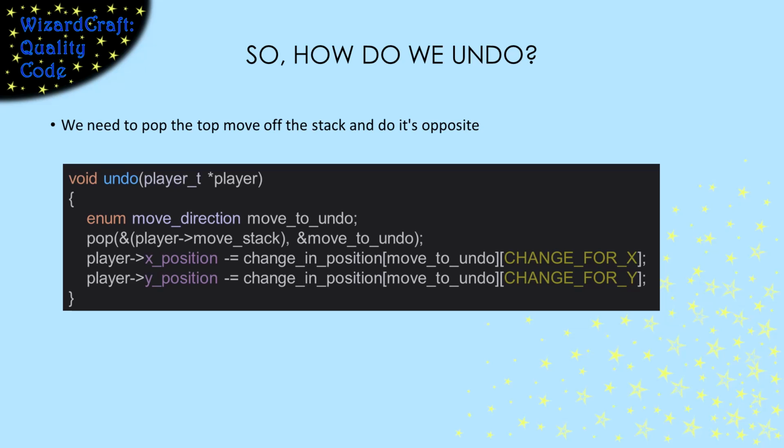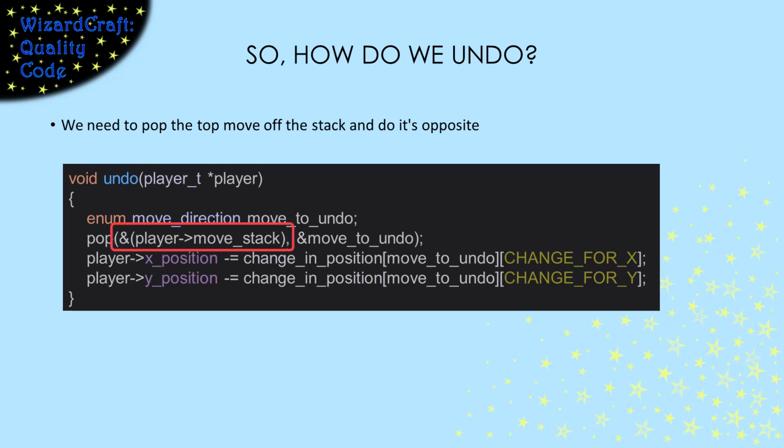For undoing a move, we just have to pass in the player who wants the undo. It has to be a pointer to that player because we have to be able to change values in the player's struct. The first thing we need to do is pop a move direction off of the stack. We get the player's stack using the arrow operator to chase the player pointer and get the move stack field.